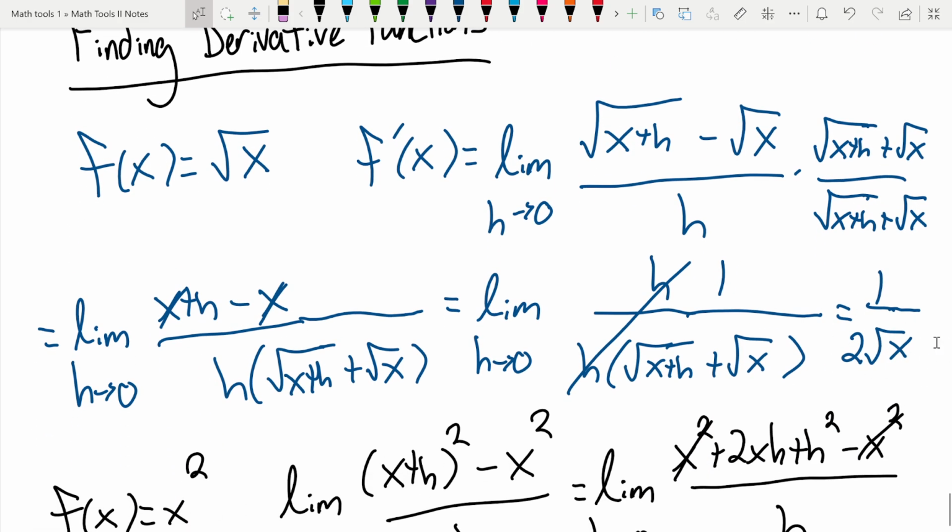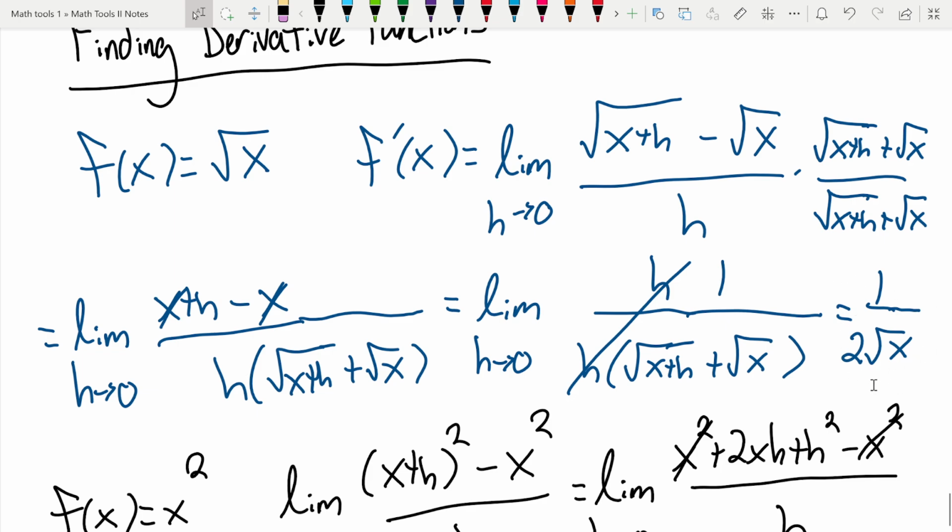And we'll get into this a little bit more later about the relationship between continuity and differentiation. But this function also, the derivative of the square root of x, doesn't exist at 0, right? 0 is not in the domain.